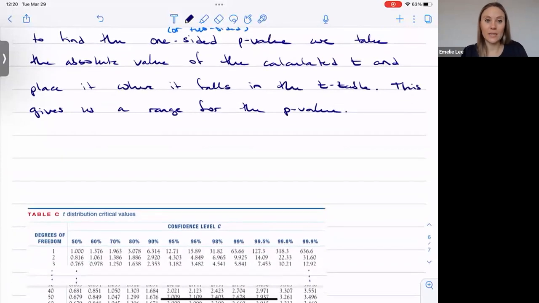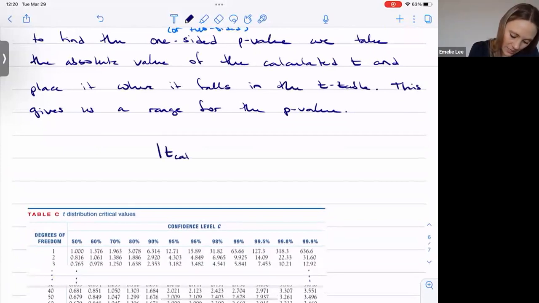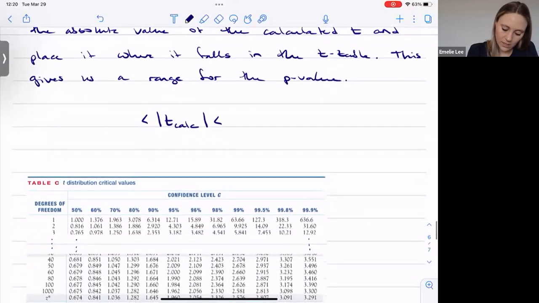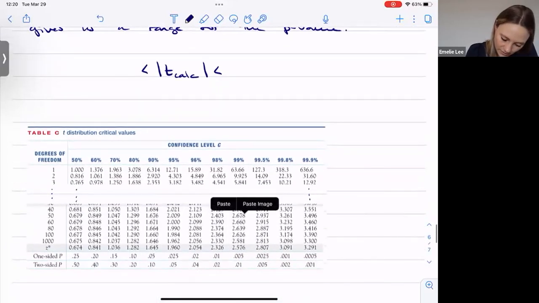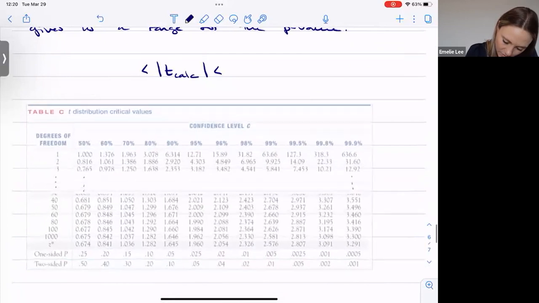So how we write it is I'm going to find a range for my t. First I write my calculated value in absolute value brackets in the center of my page. Then I jot down what the values are surrounding this calculated value.